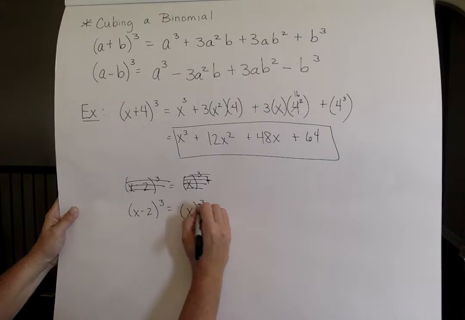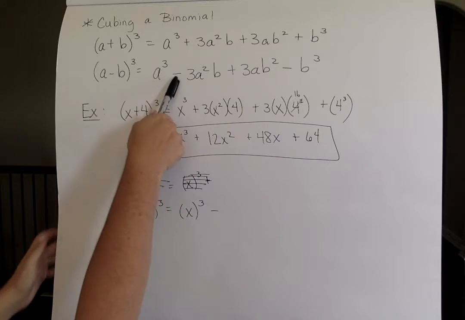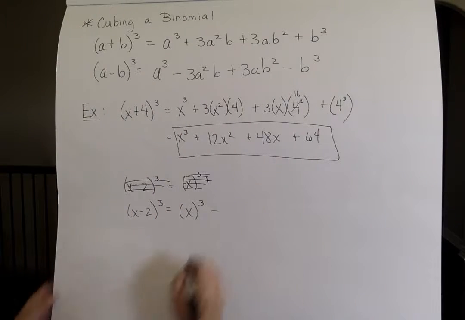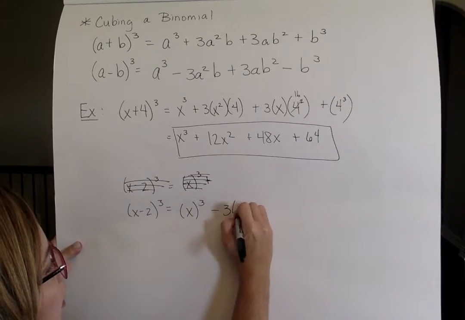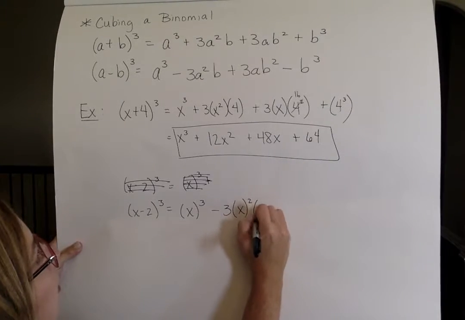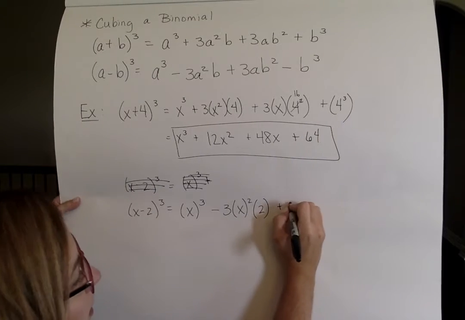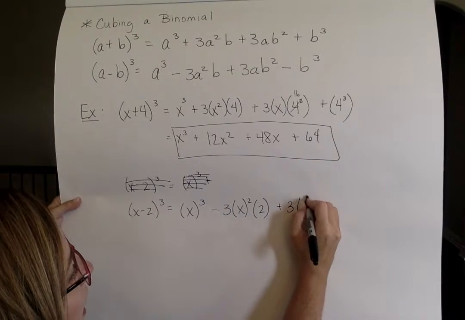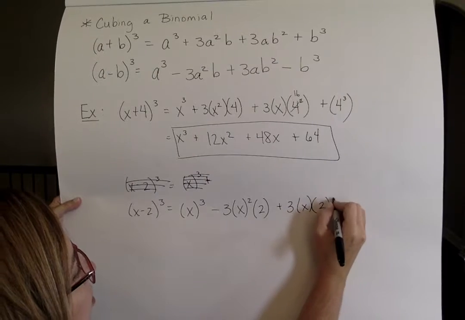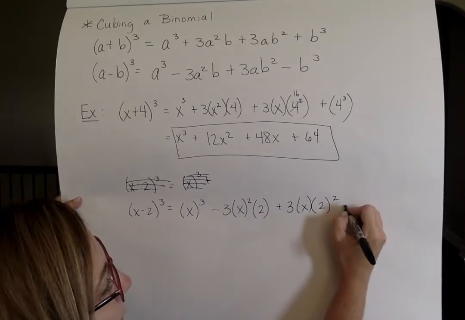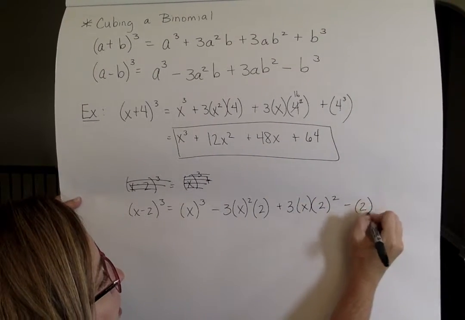X cubed minus, right, because we have a minus sign here now, 3, and it's going to be x squared times 2. Then we have plus 3 times x times 2 squared minus 2 cubed.